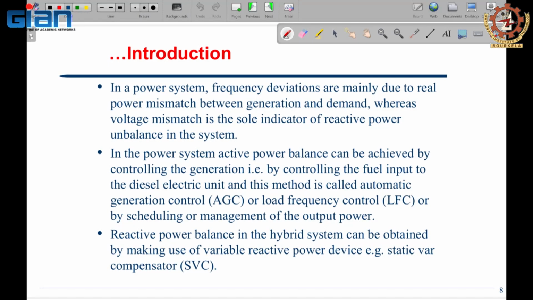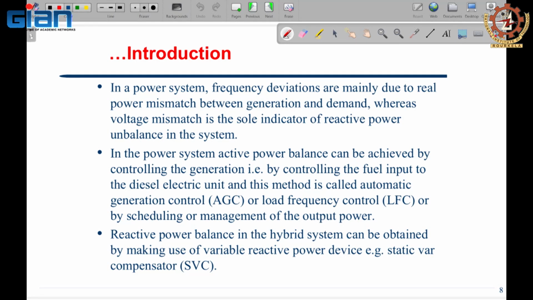Or another option could be that whatever generation is available, you control the load accordingly. You make the control from the load side. It is called load frequency control. Whatever generation we are making, we control the load accordingly. If the generation is limited and load is more, we have to do some priority scheduling of the load.